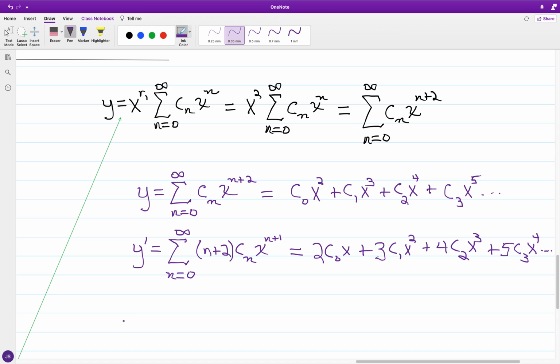Now for the second order derivative, I have n going from 0 to infinity. So I'm now looking at n plus 2 times n plus 1, or vice versa, and so we're going to have c of n times x to the n.